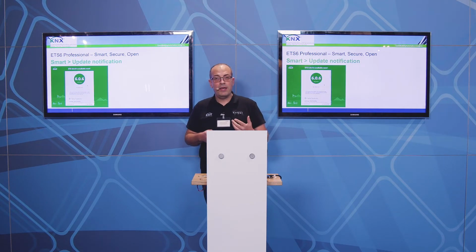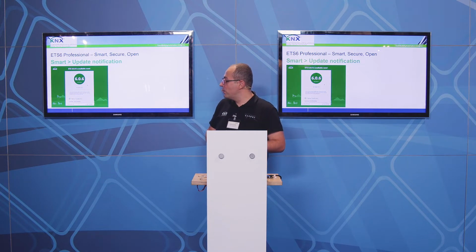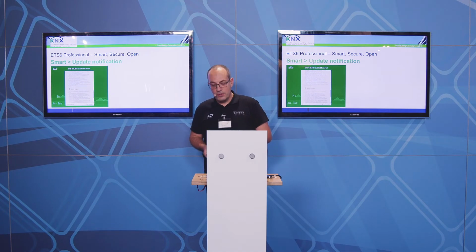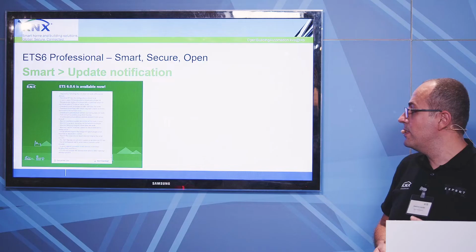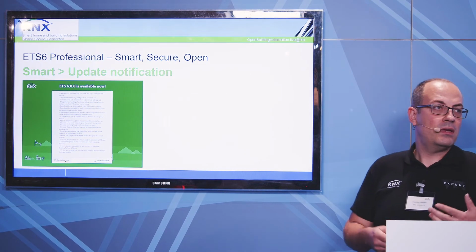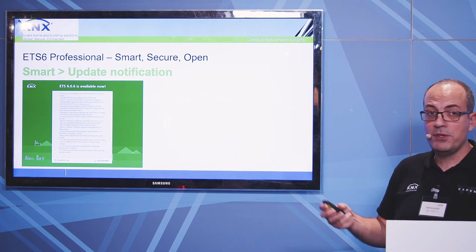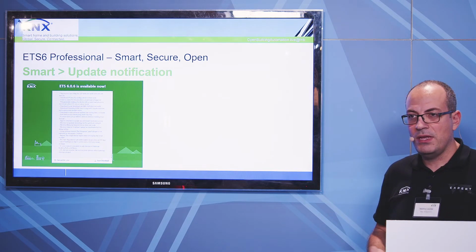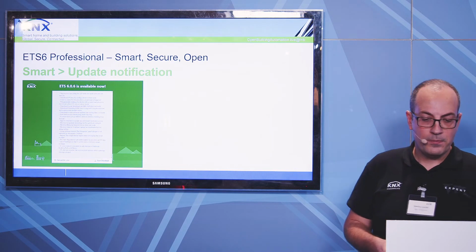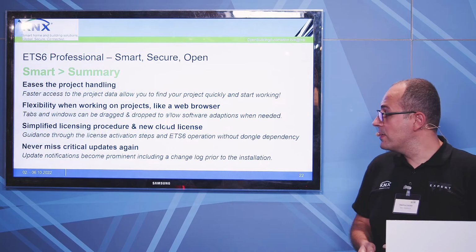Moreover, we have also enhanced the update notification, so that whenever there is a new version, ETS6 upon start informs the user about the new features, about the improvements that have been added, as well as the bug fixes that have also been added, and it's possible to immediately start the update download within ETS. So this is the short summary.